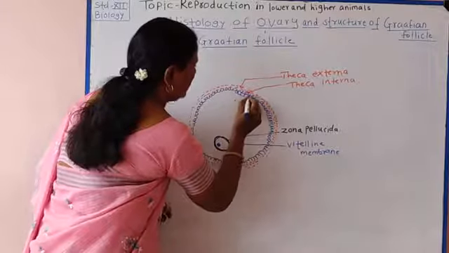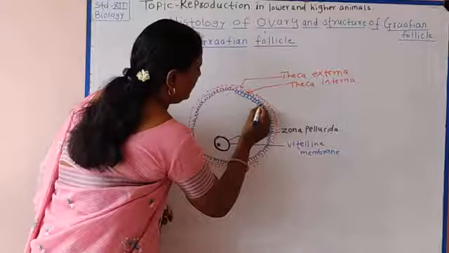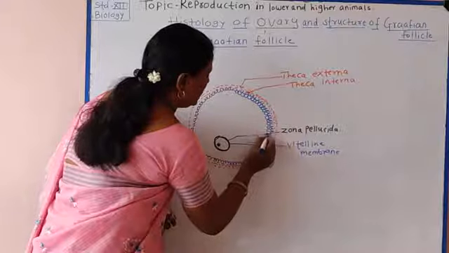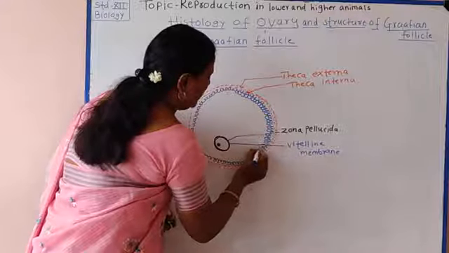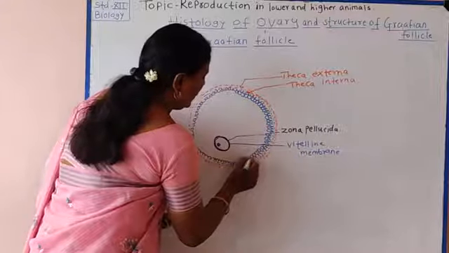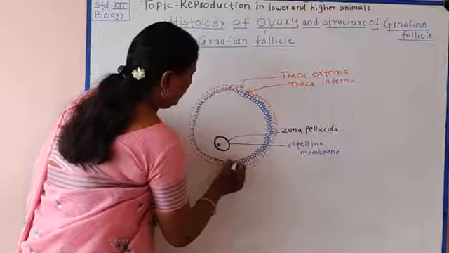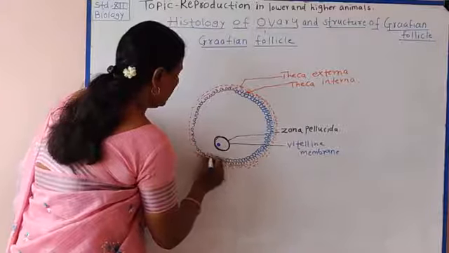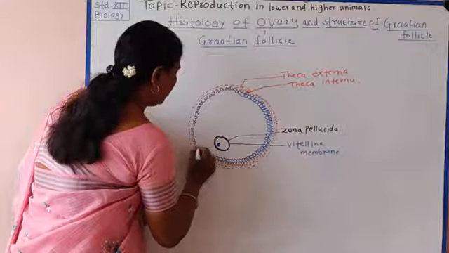Okay. So another layer of these granulosa cells is called the membrana granulosa. They secrete the hormone estrogen, the female sex hormone.